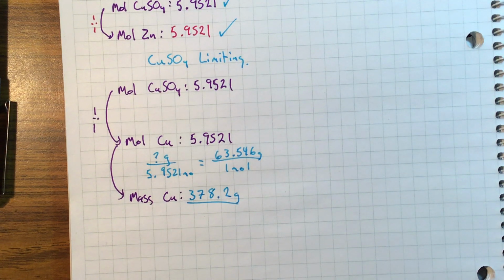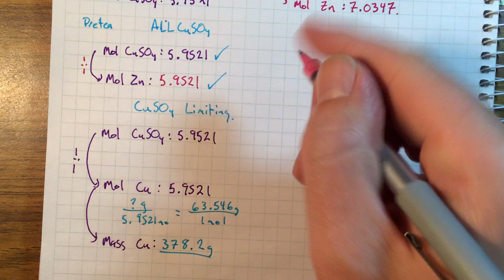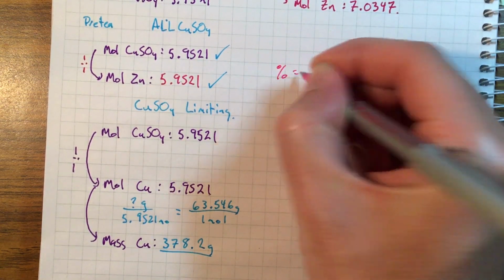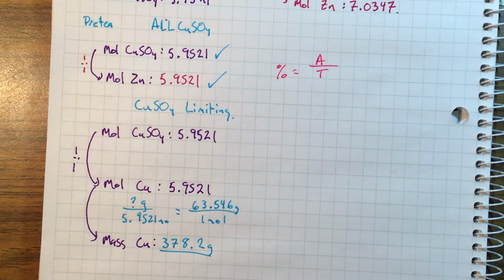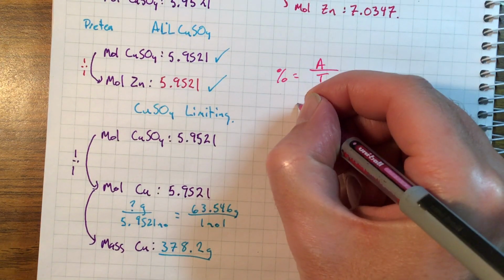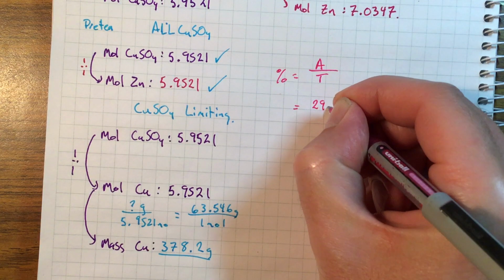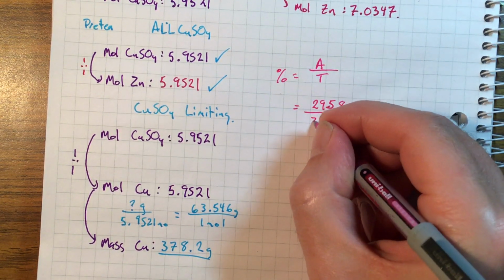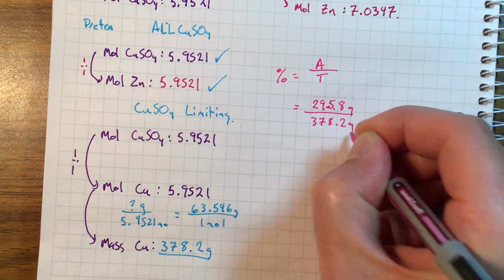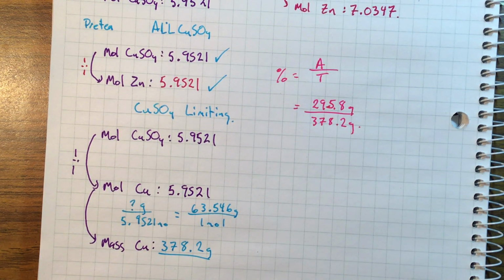That's my theoretical. Now we're going to do our percent yield calculation. So percent yield is equal to our actual divided by our theoretical. From our question, our actual is 295.8 grams, divided by our theoretical of 378.2 grams. So I do 295.8 divided by my 378 answer, which is in my calculator still.